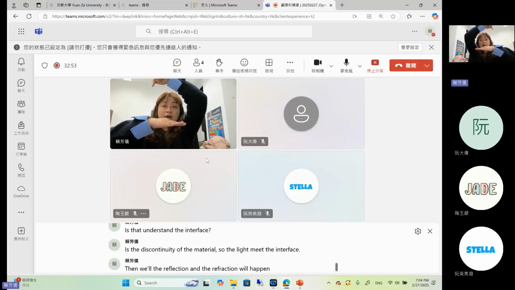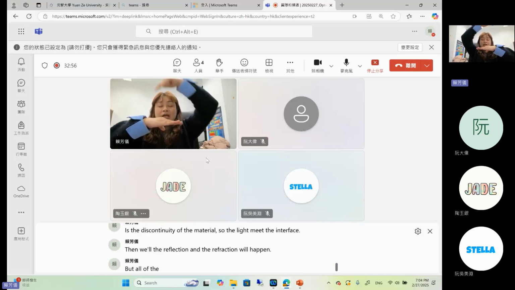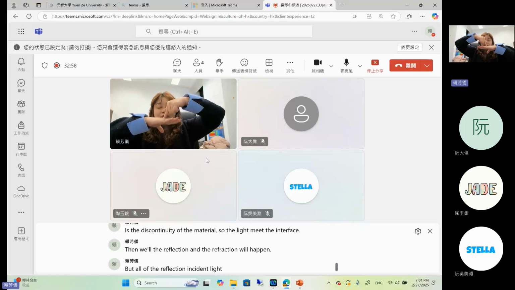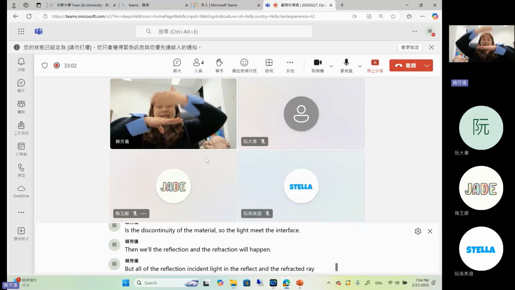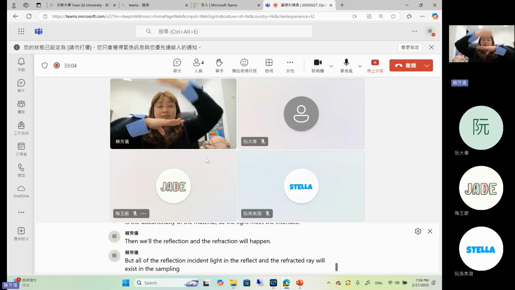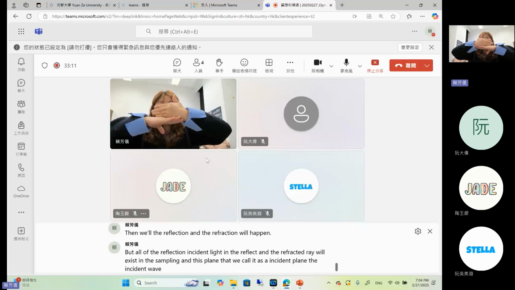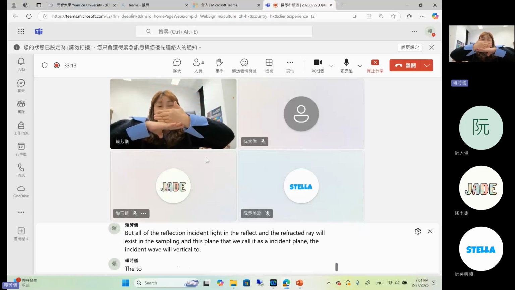But the incident light and the reflected ray will exist in the same plane, and this plane we call the plane of incidence. And the plane of incidence will be vertical to the interface.